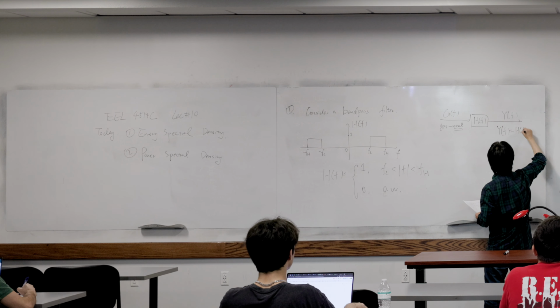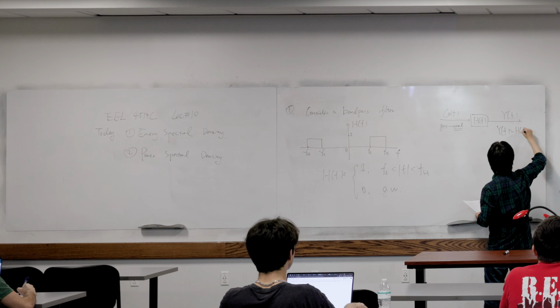What we have been talking about so far has nothing to do with the energy spectral density yet. We're going to see that later. Now let's introduce the energy part. In order to compute the energy of Y(f), what should we do? The energy of Y(f) or y(t): we assume that g(t) is real and aperiodic for simplicity.